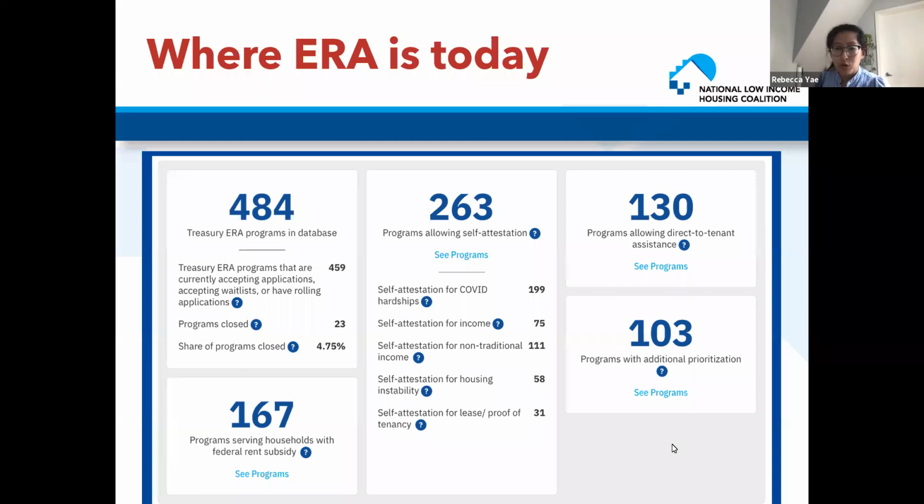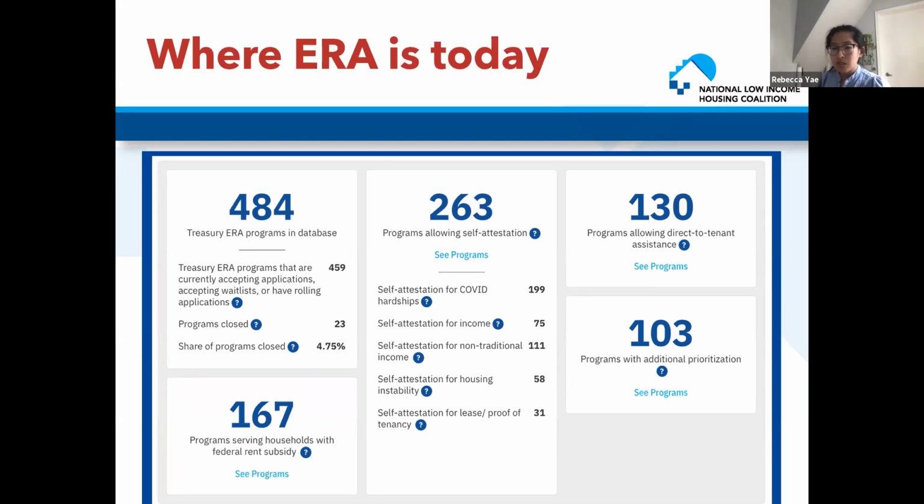Our most recent report with the University of Pennsylvania's Housing Initiative at Penn and NYU Furman Center indicated that some programs that self-reported using self-attestation or direct-to-tenant assistance in the survey didn't actually have publicly available information indicating that they were using or allowing for them.